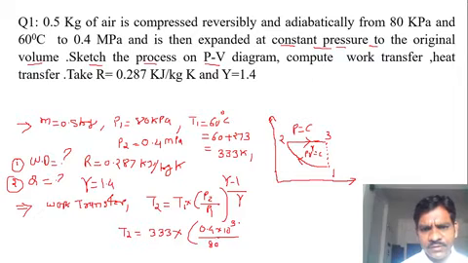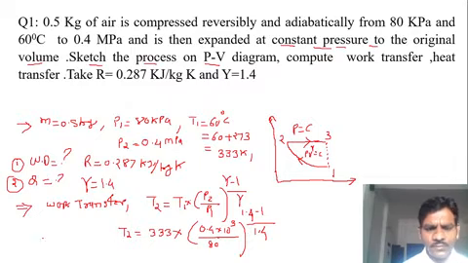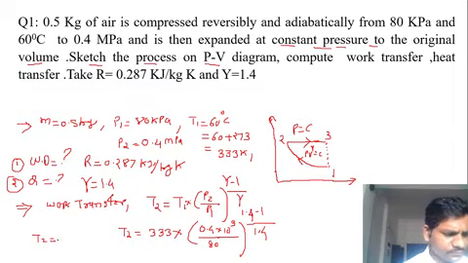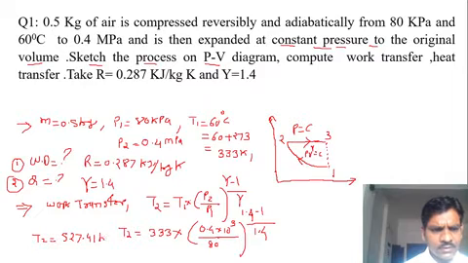Okay, 80, to the power 1.4 minus 1 upon 1.4. So do the calculation. What is the value of T2 we get? We get T2 as 527.41 Kelvin. So we are getting this value of T2, guys.